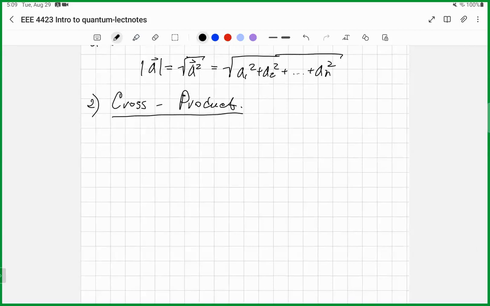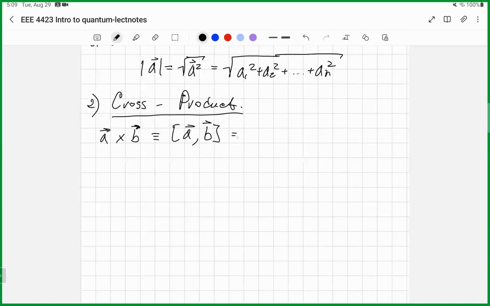The cross product is denoted by a cross between two vectors, or sometimes in the textbooks you can find the notation of two vectors in square brackets with a comma between. This is basically the same.